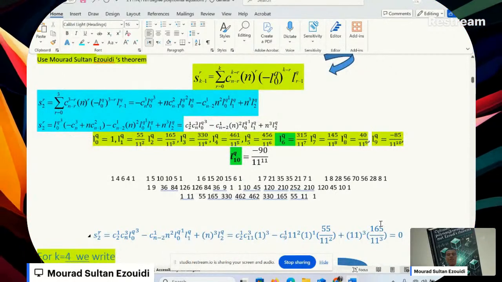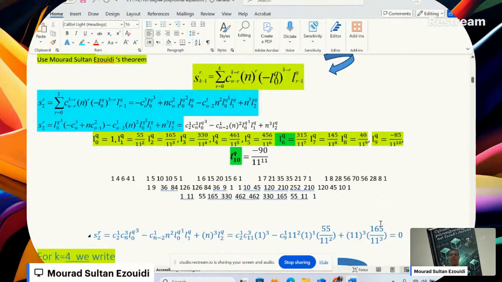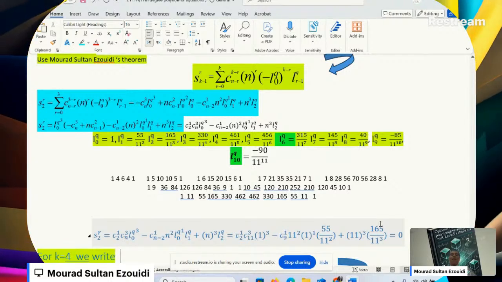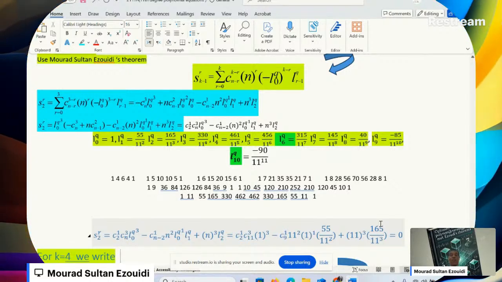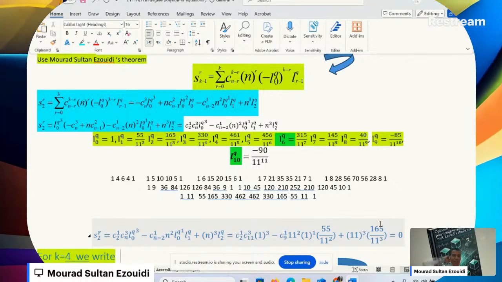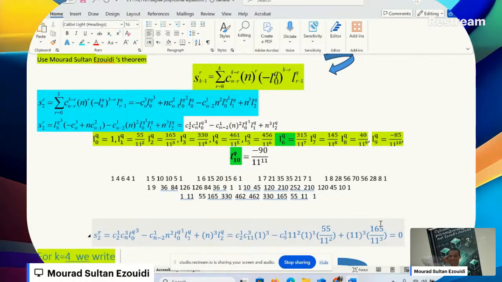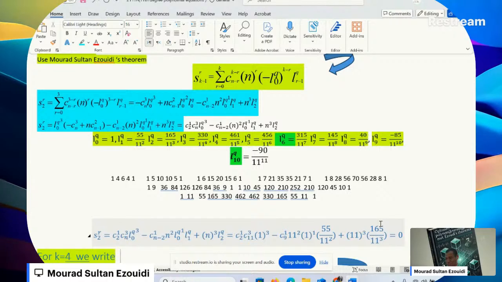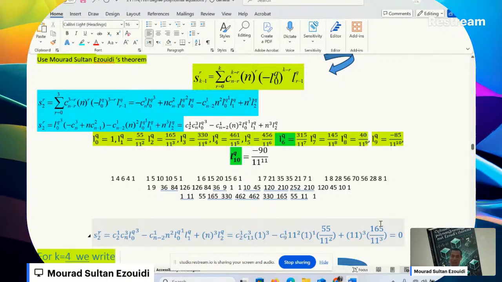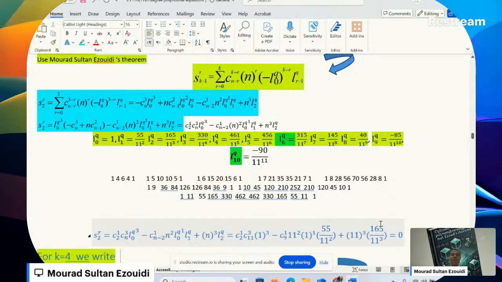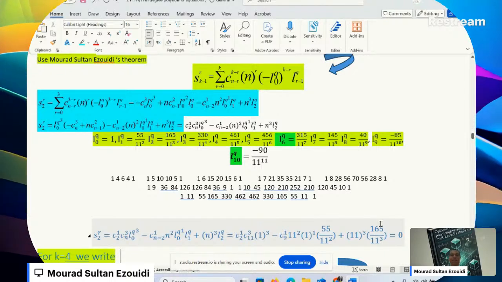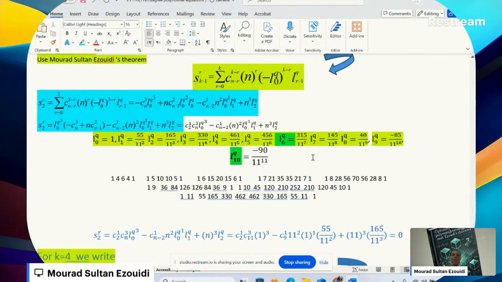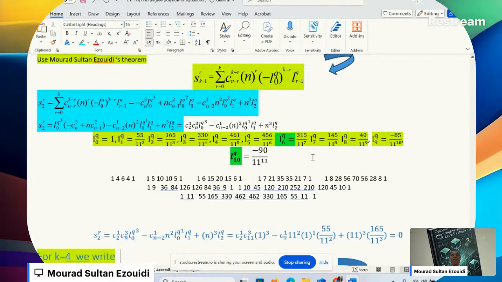It's now time to get rid of classical methods because they are considered obsolete, methods that make no sense for you. But this structure, the new theorem of Professor Mourad Sultan Ezouidi, makes sense for you.